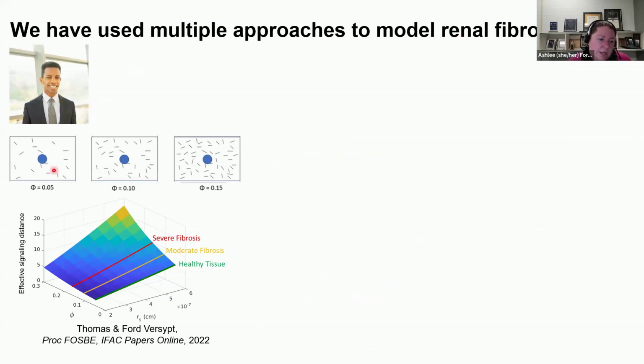And so things related to, if a cell was in a different porous environment, how would its signaling distances be affected by fibrosis?